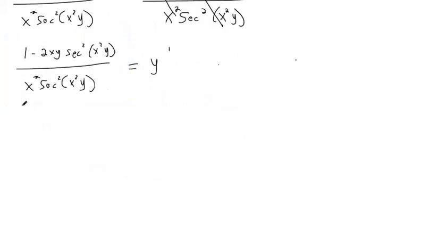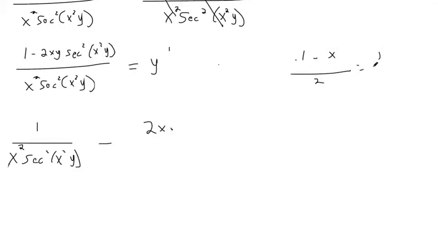The book does do a little bit of rewriting for this type of problem. So look, this entire numerator is being divided by this denominator, so we can break it up into two separate fractions. Okay, it's yucky, but it's something we've done before in math. If you have (1 minus x) over 2, that's the same thing as 1/2 minus x/2, right?